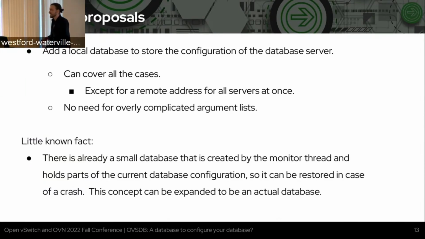So whenever these happen, this is stored in a small JSON file somewhere in a temporary directory. So when the monitor restarts, you can reuse the same configuration as it was.